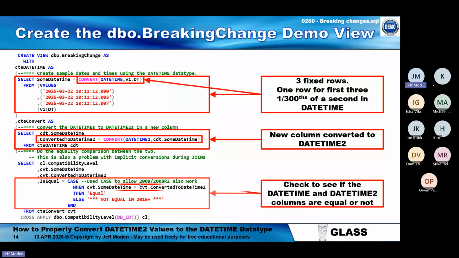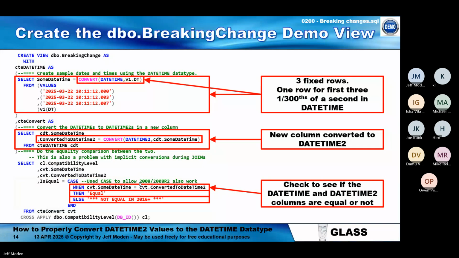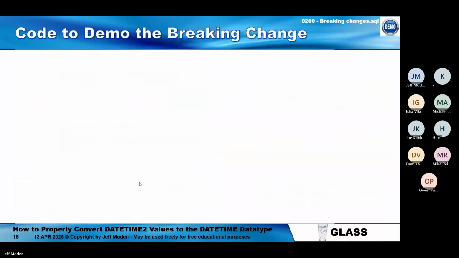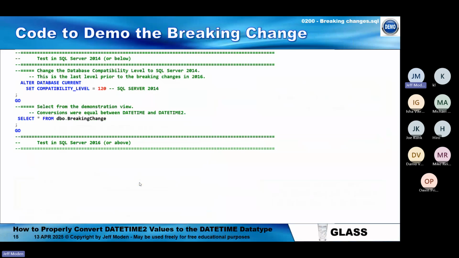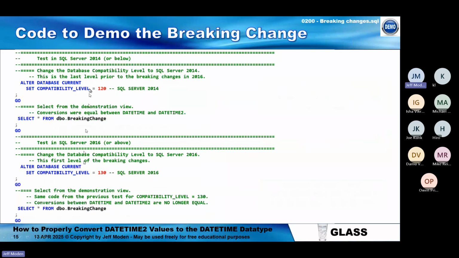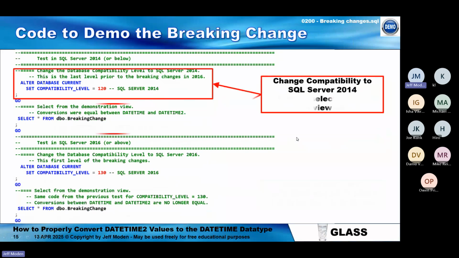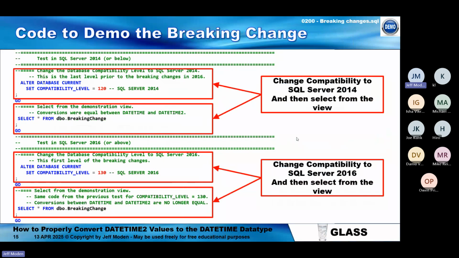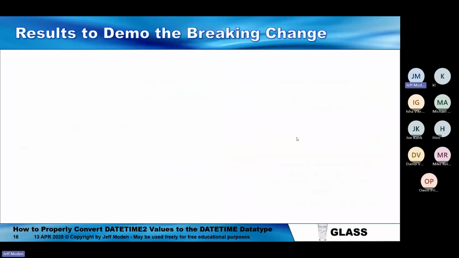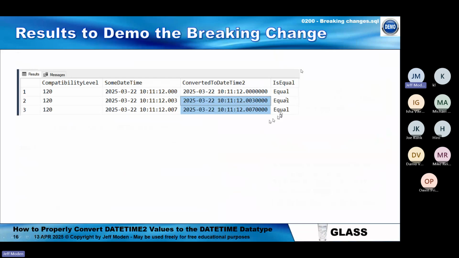And what we get, okay, we don't have to go back over there. This is the code that I just showed you about running these, identical code except for the compatibility level. And then the results from that same code.